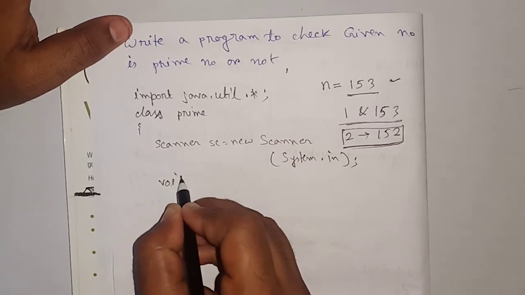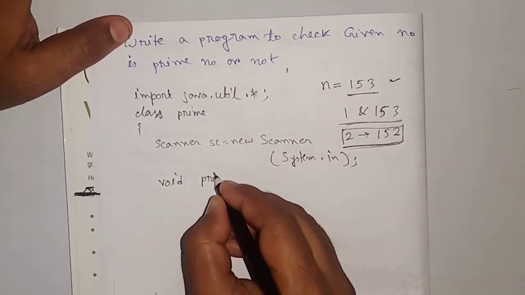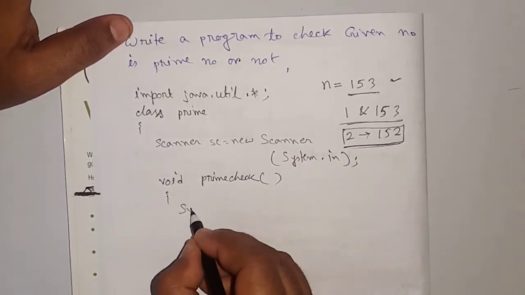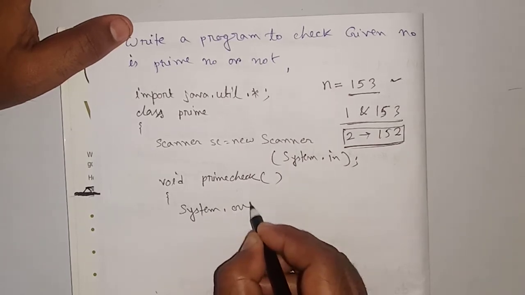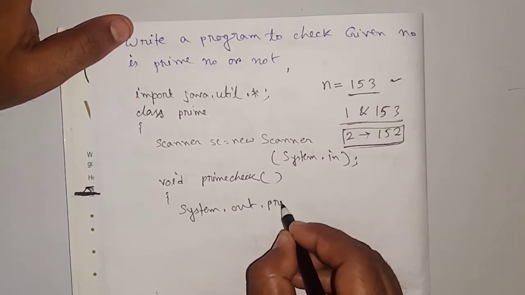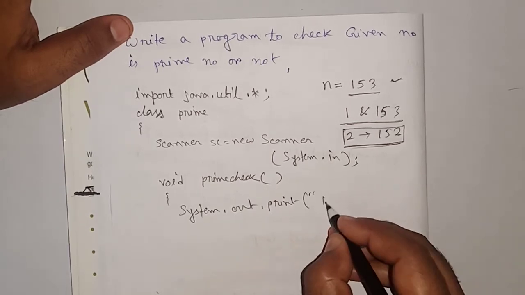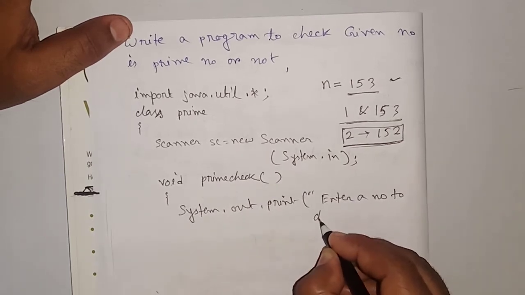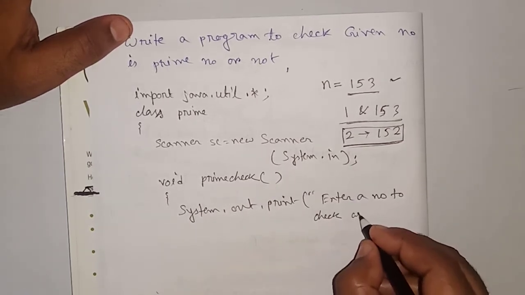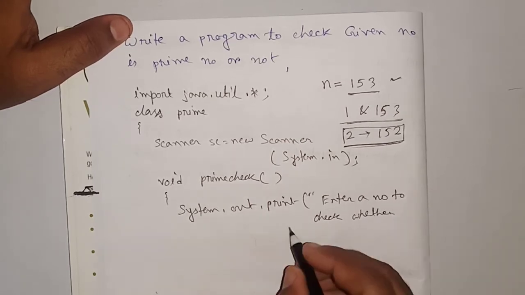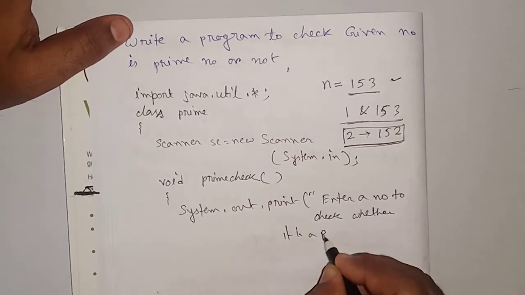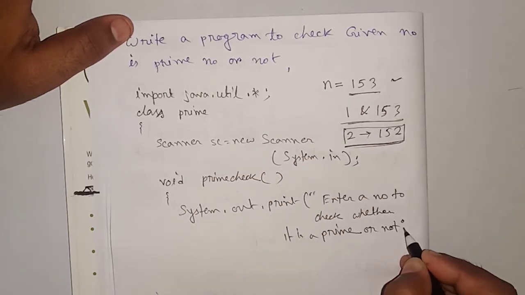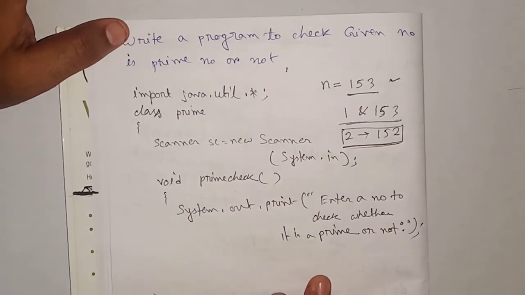Okay, now I'm writing the method, void primeCheck. System.out.print, with the message: enter a number to check whether it is prime or not.